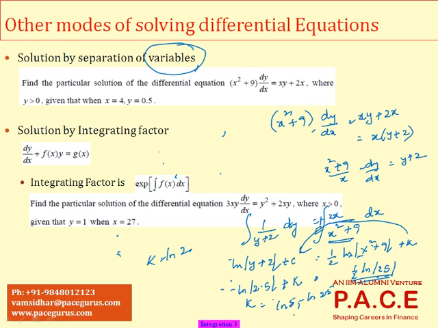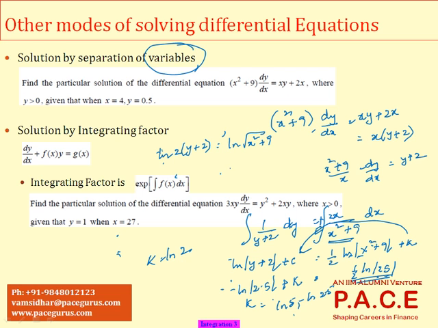So you can very well write it as log (y plus 2) plus log 2, which is nothing but log 2 into (y plus 2) is equal to half log (x squared plus 9). Log square root of (x squared plus 9).